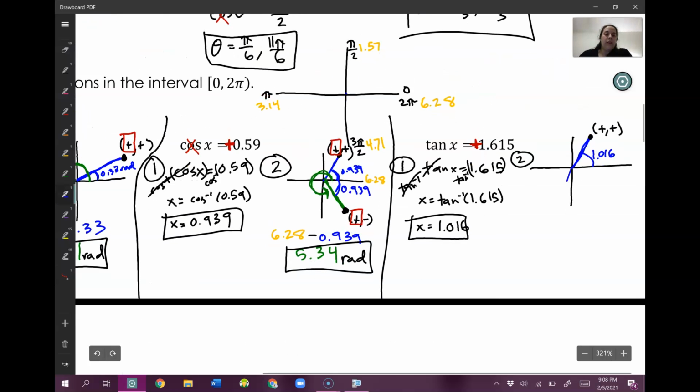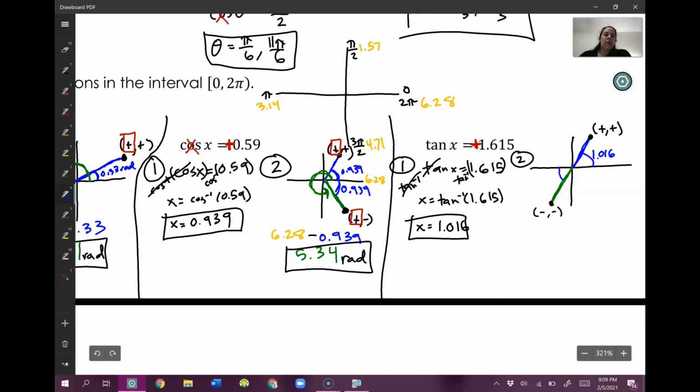This corner reflection is also going to have a positive tangent value. Let's do it green because that's what we've been doing. Because the point here is negative, negative, and tangent is y over x, so y divided by x is also going to be a positive.